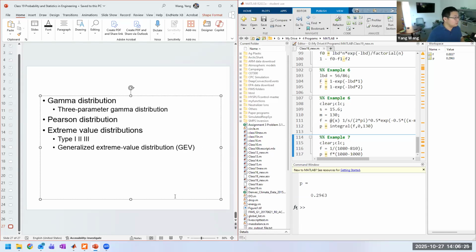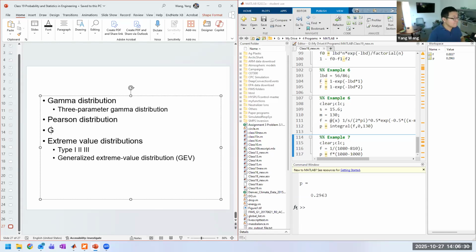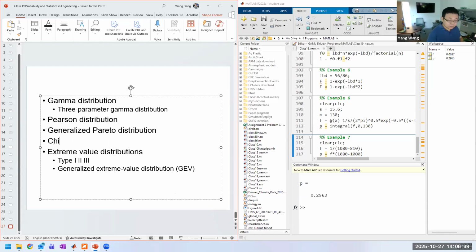And then there is the generalized Pareto distribution and the chi-square distribution.